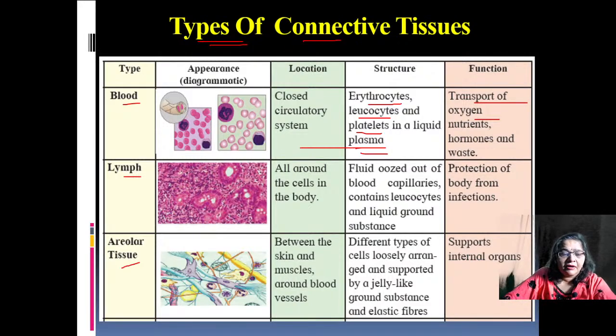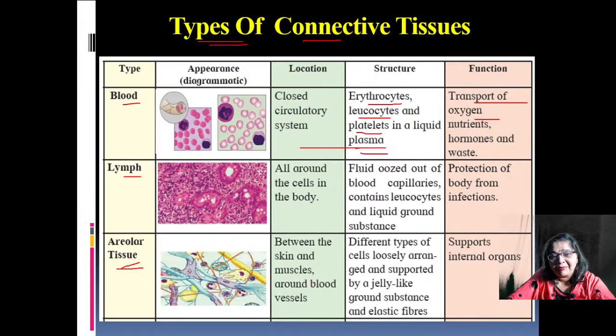Now, blood and lymph are the fluid connective tissues. Let us see another type of connective tissue called areolar tissue. Areolar refers to having air cavities. They are located generally in between the skin and the muscles, around the blood vessels.